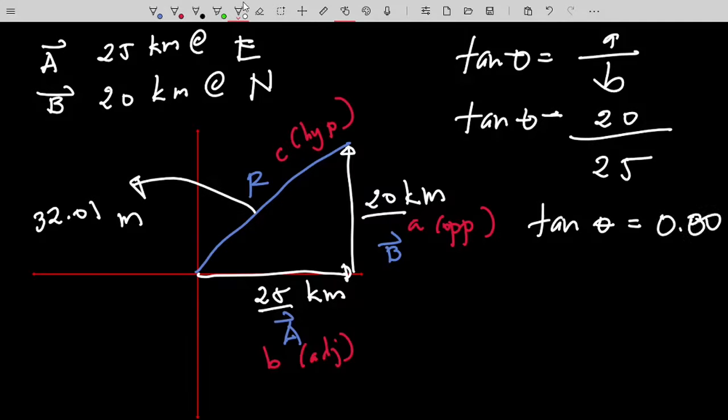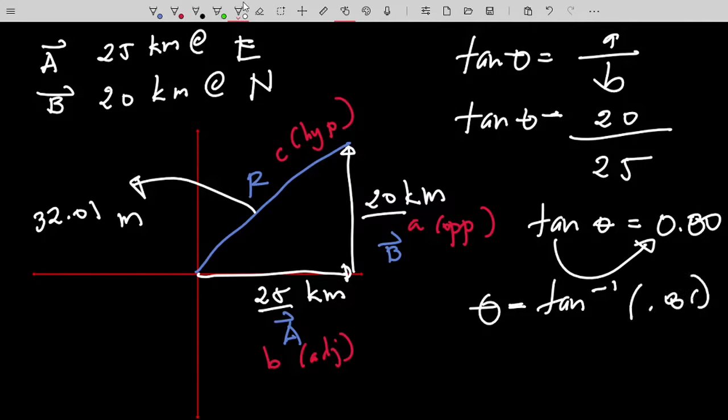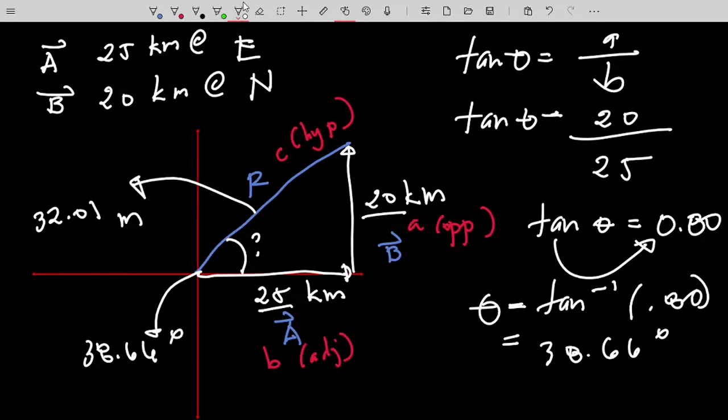Now transpose your tangent theta to this side. So theta is actually equal to tangent raised to -1 times 0.80. So you should get the value of 38.66 degrees. So it says that your angle right here, because this is what we are looking for, has a value of 38.66 degrees.